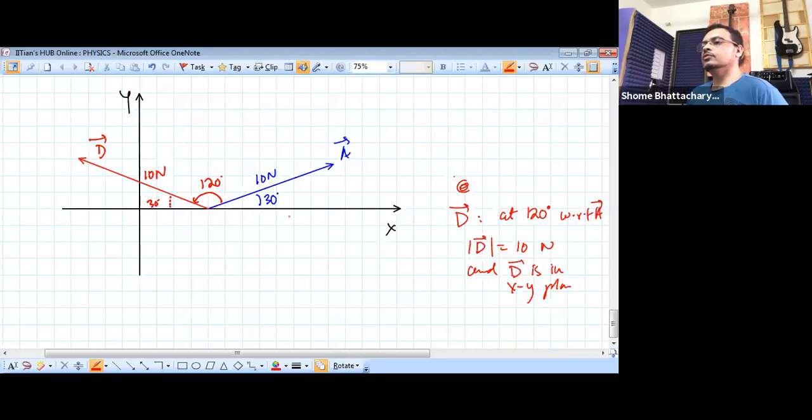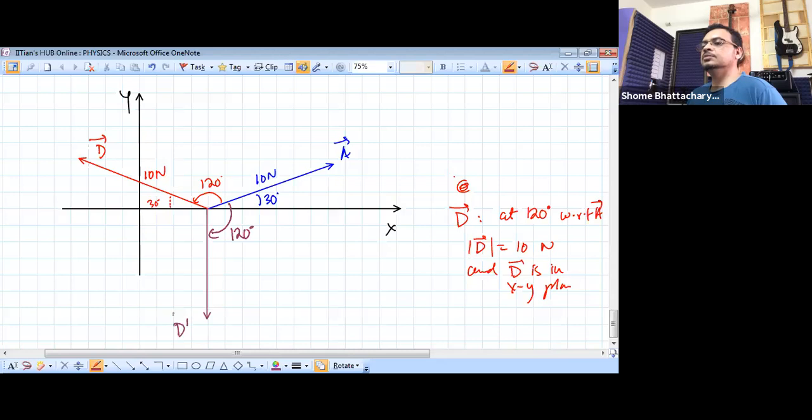Or I could also draw a vector from this side of 120 degrees. So if I draw 120 from this side, how will that vector look? That one will in fact look like this. That vector will now look like this.